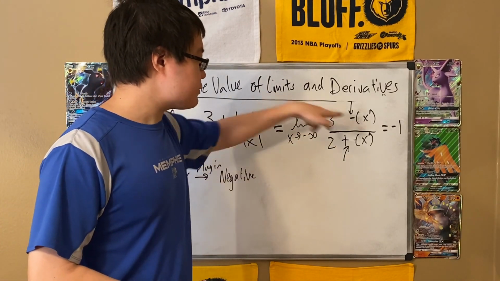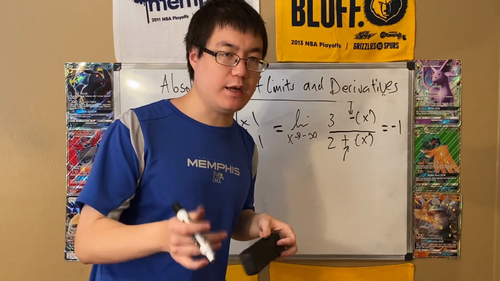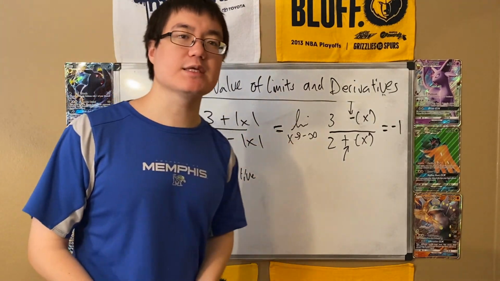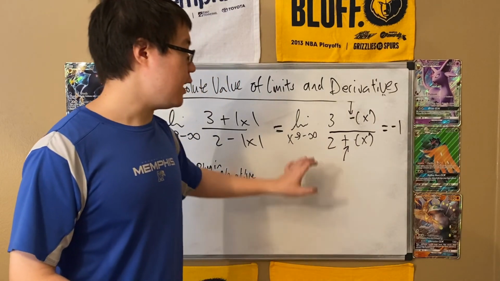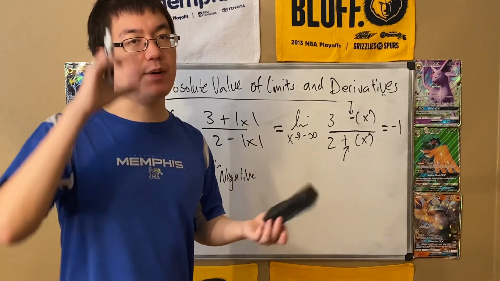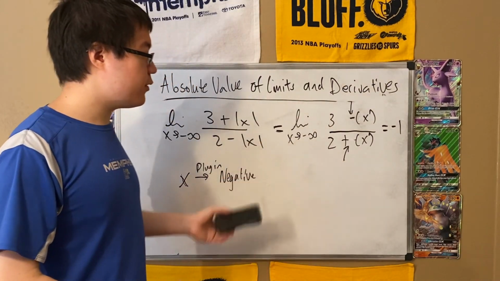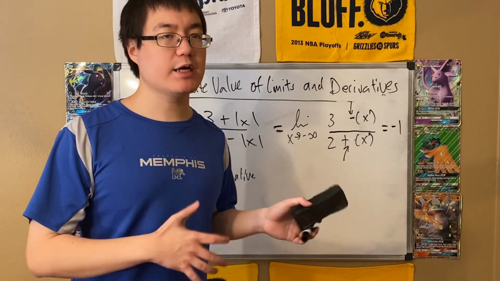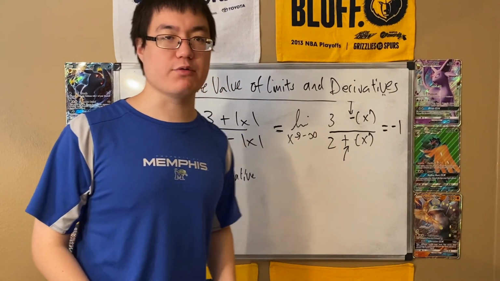All we do is change the absolute value bars to parentheses, and then we put in negative. Then to evaluate the actual limit, we did same heavy, because that's the easiest way to do limits of x going to infinity or negative infinity when it's a polynomial over polynomial. So hopefully you are armed to do all these limit questions with absolute value bars, trying to get rid of the absolute value bars. Let's talk about derivatives now.